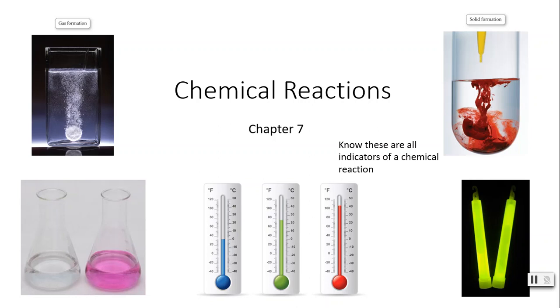Welcome to Chapter 7, which is the last chapter for Unit 2, titled Chemical Reactions. So we've learned in this course so far how to take elements, put them together to form balanced molecules or compounds. We've talked about how to name those compounds.